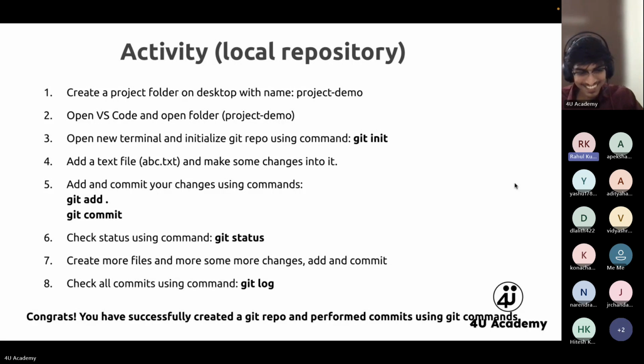Meanwhile, if I'm unmuted, can you please say what the dot represents in git add dot? See, dot means, suppose there are many files below the stage and I want to click all of them together. I want to send all the files together on the stage.